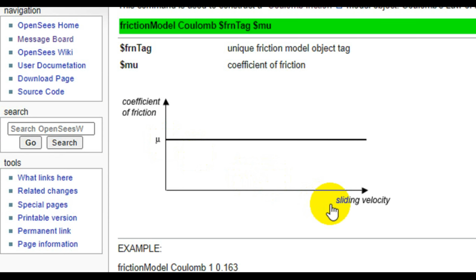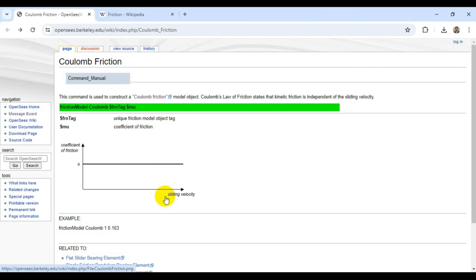So this is not the velocity of the moving object; this is the velocity of the sliding of the surfaces. When the relative velocity between two surfaces in contact is zero, the force transmitted is directly proportional to the coefficient of friction and the normal force.